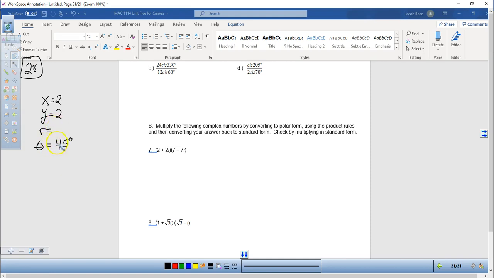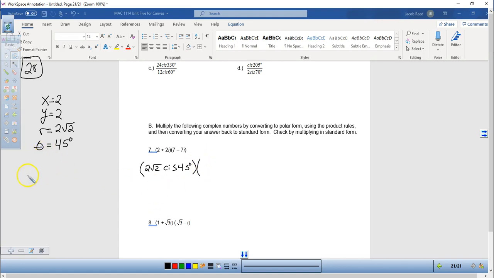Okay. R, 2 squared plus 2 squared. We've done this one earlier. So that's 4 plus 4 equals r squared. So r squared is 8. Square root of 8 is 2 square root of 2. So polar form for the first one is 2 square root of 2 cosine 45 degrees plus i sine of 45 degrees.